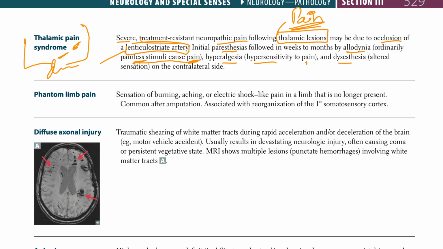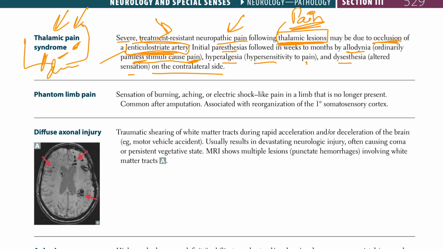Dysesthesia is altered sensation on the contralateral side. It's just the names, nothing else. Thalamic pain syndrome is a treatment-resistant pain after a thalamic lesion, due to occlusion of the lenticulostriate arteries.